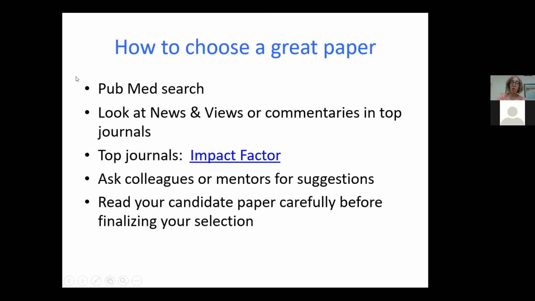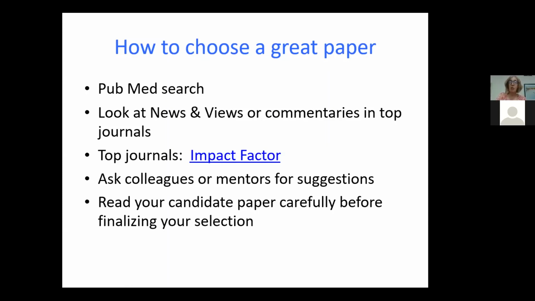You can also look at news and views articles or commentaries in top journals. I'm going to show you an example of that in a minute, where they highlight certain papers. If you look in the Nature or Science journals, at the front of those journals, they'll have little sections that talk about papers that they think are really important. They'll have little commentaries or news and views that discuss these papers.